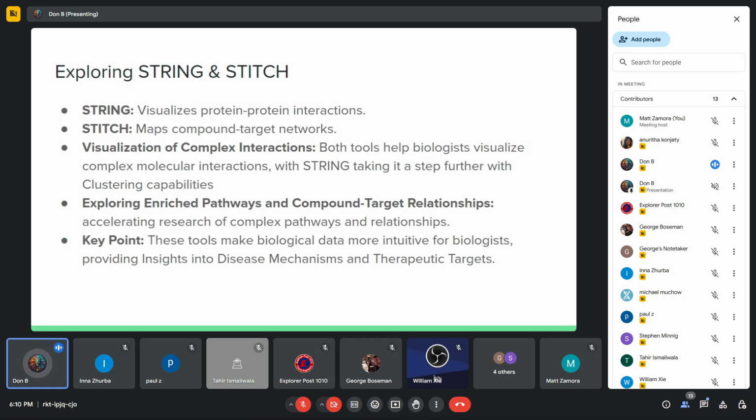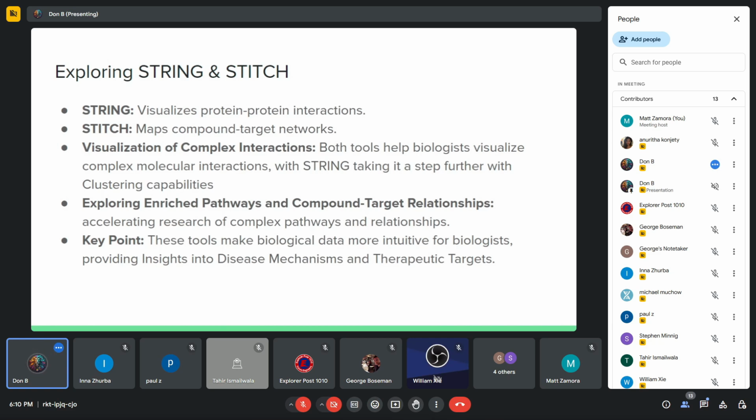So STRING's specialty is protein to protein interactions. And STITCH sort of takes the aspect of mapping compounds to target networks, but it does take advantage of some of the patterns already built into STRING.